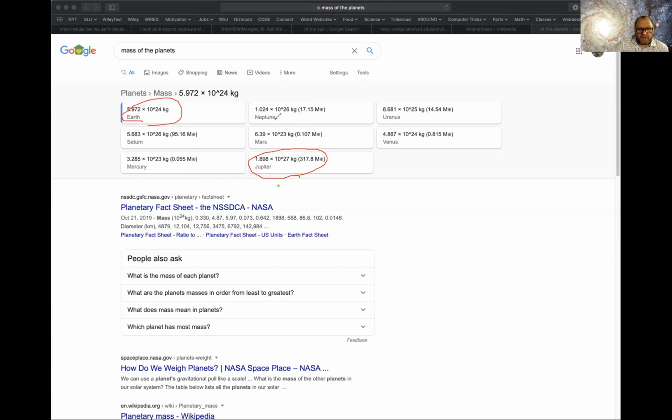Now, Neptune is actually up there with Saturn. So Neptune is also 10 to the 26 kilograms. But really, it's Jupiter and the Sun that determines the center of mass of our solar system.